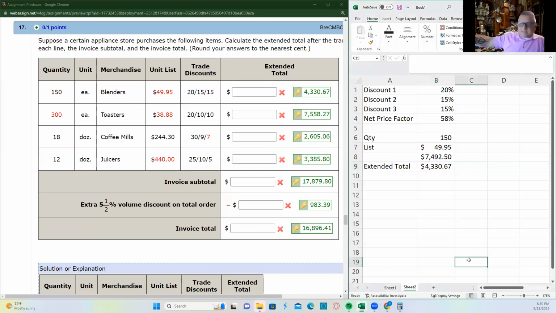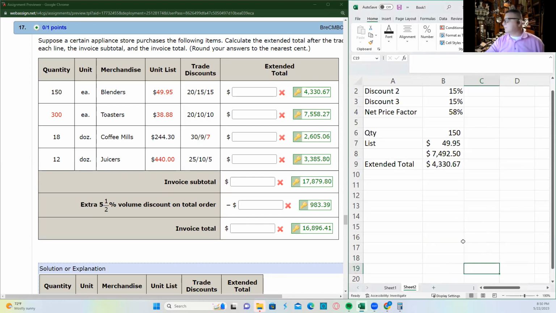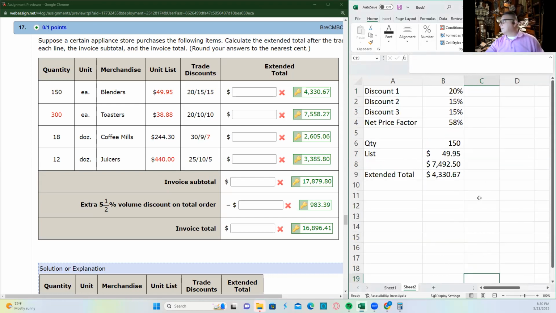Okay. Now the reason I set this up the way I did, let me make it just a little bit larger, is because now we've made it a whole lot easier to do all these other ones. Now my discounts are 20, 10, and 10. It goes ahead and figures it for me.